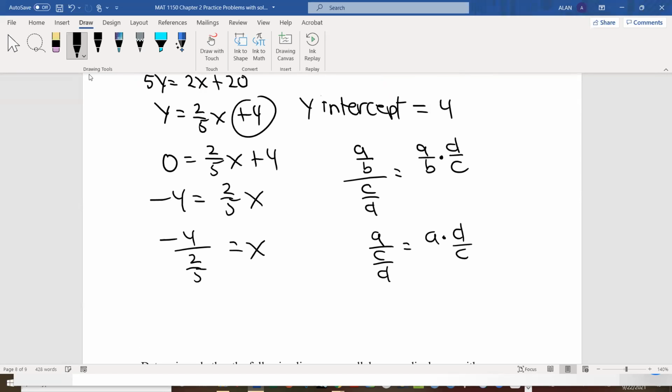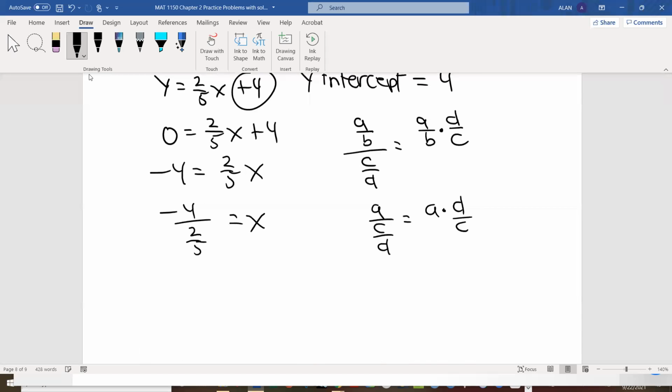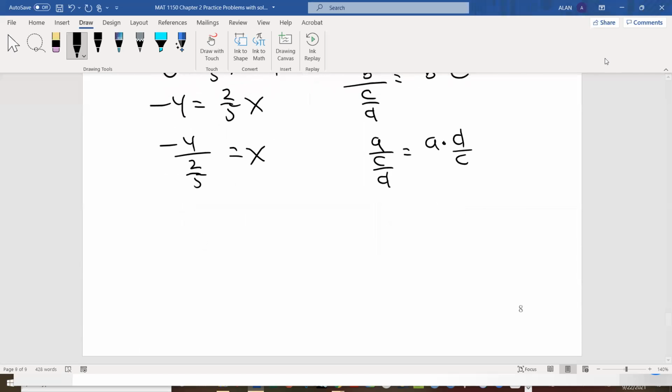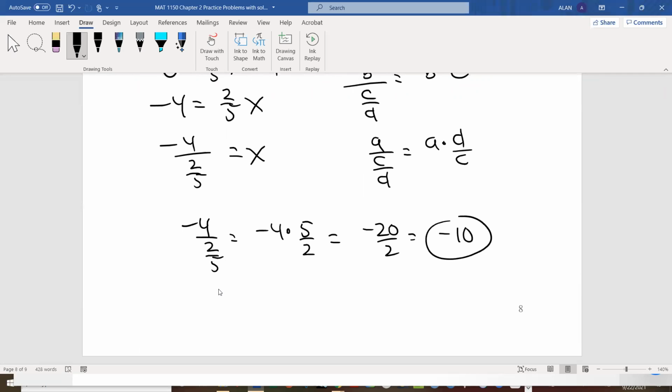The key is that you're multiplying by the inverse. So therefore, this -4 over 2/5 is the same thing as -4 times 5 halves, which is -20 halves, which is -10. Okay, that's your x-intercept.